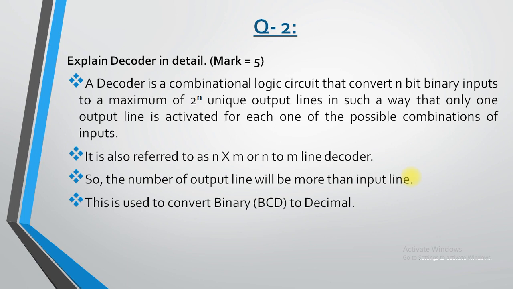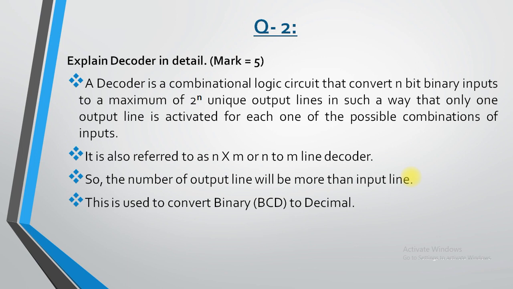A decoder is a combinational circuit that converts n bits of binary input to a maximum of 2 raised to n unique output lines in such a way that only one output line is activated for each possible combination of inputs.